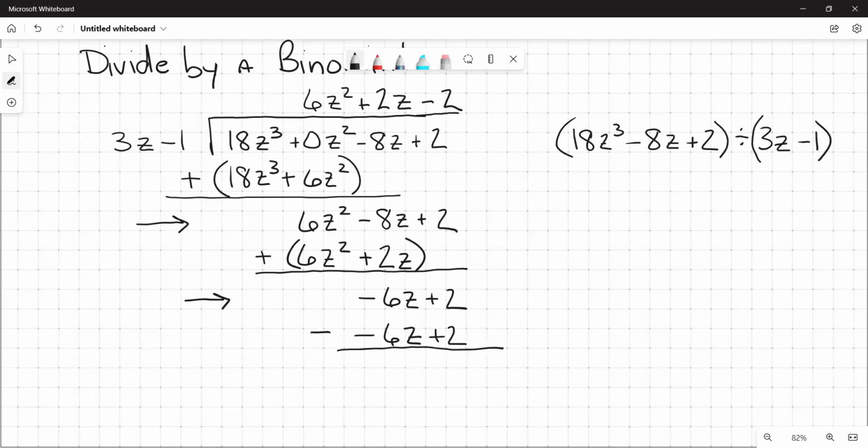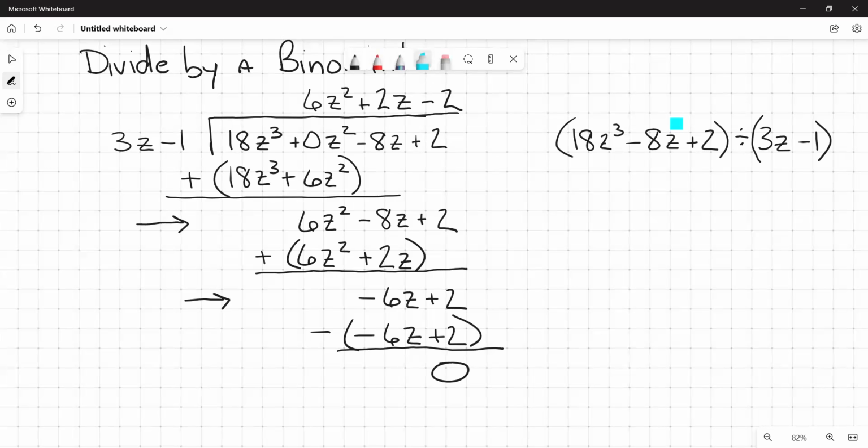We're subtracting something from itself, so we get a remainder of 0. The whole key being this placeholder right here. Noticing that you need to add a placeholder and adding the placeholder.